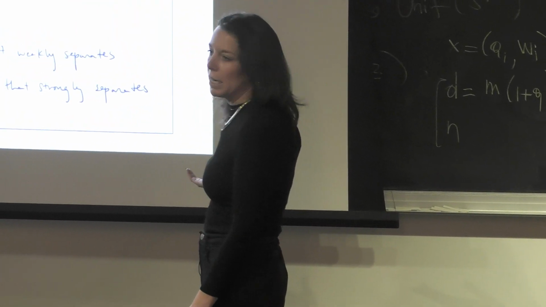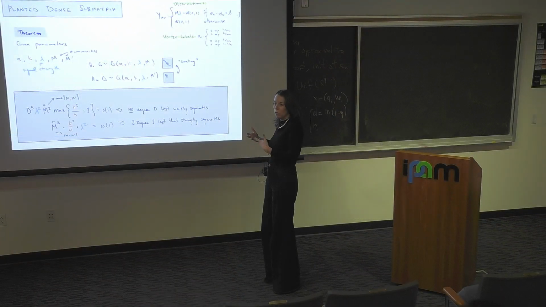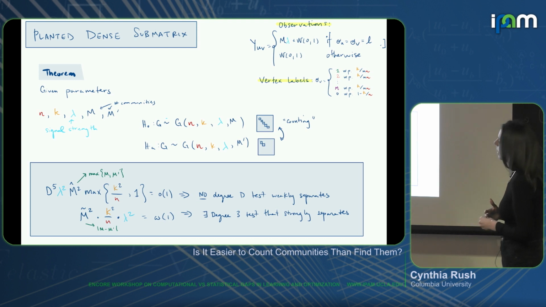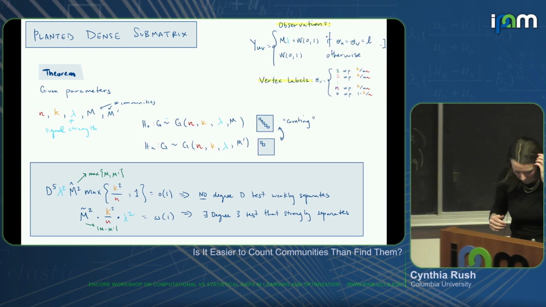But what this is saying is that actually figuring out what those parameters should be is as hard as the recovery algorithm itself. I think it's kind of depressing, but this is where we are.